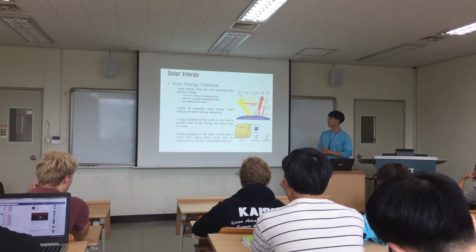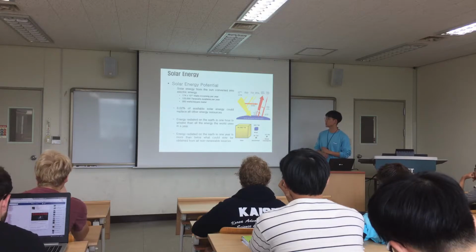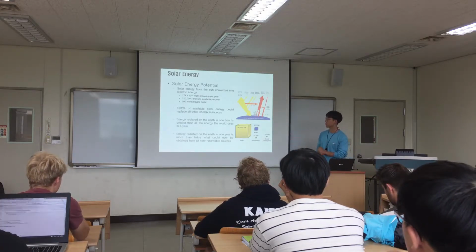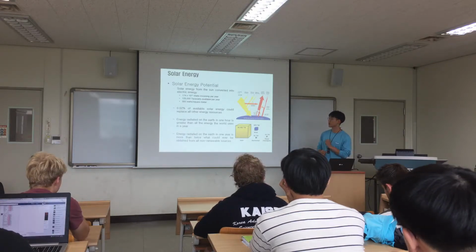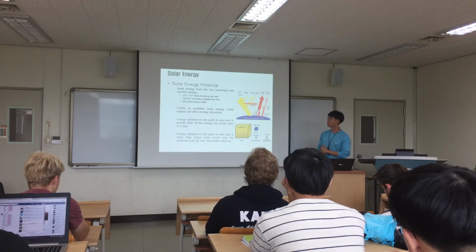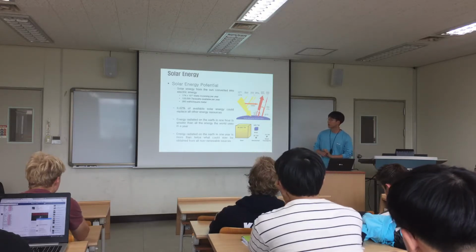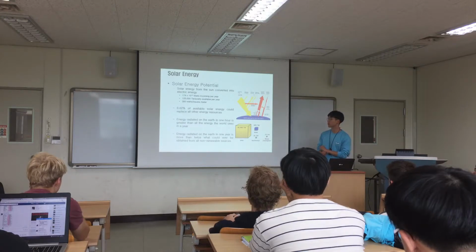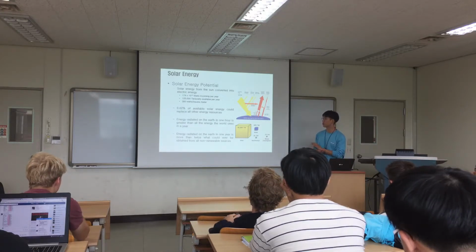So you can see how big solar energy is. And the remaining two sentences talk about how big it is. Energy radiated on the Earth in 1 hour is greater than all the energy the world uses in a year. And energy radiated on the Earth in 1 year is more than twice what could ever be obtained from our non-renewable sources.